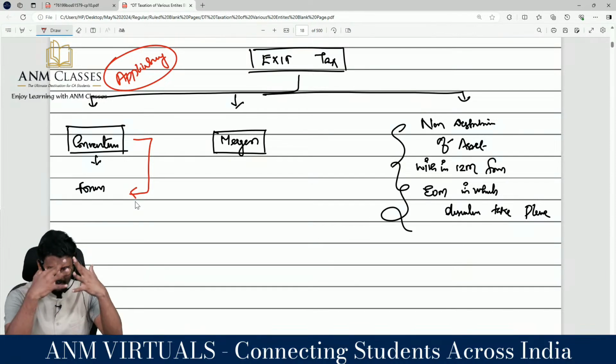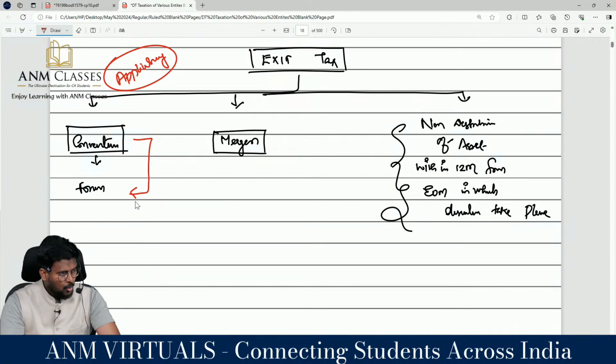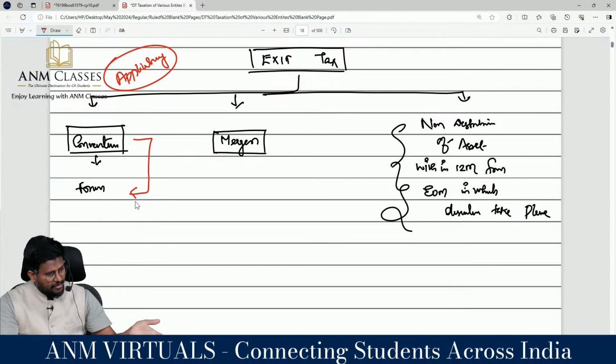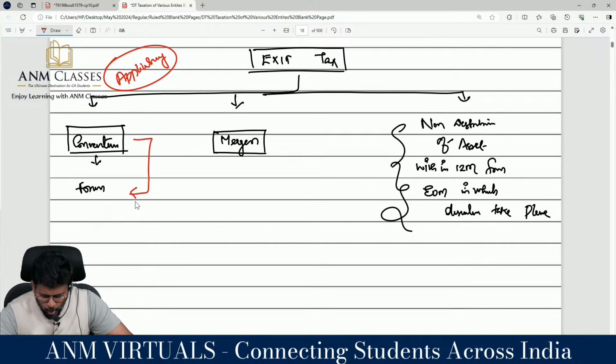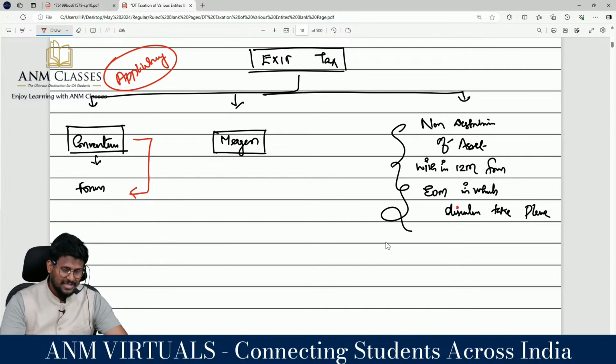If you are merging with a charitable trust who is having different objects or who is not having the status of charitable, then you are liable to pay. Or you yourself dissolve the trust and you are not distributing the asset within a period of 12 months from the end of the month in which the dissolution takes place, then you are liable to pay exit tax.